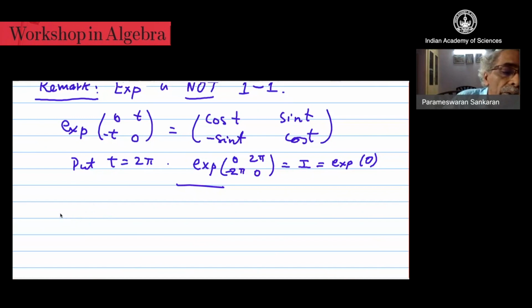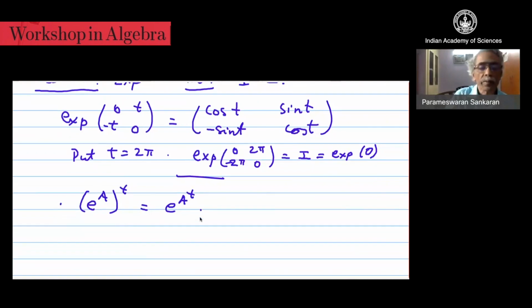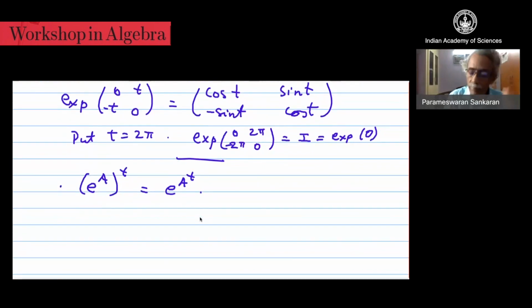One of the properties I mentioned was the following: e power a transpose is equal to e power a transpose. This is more or less obvious. There is nothing to it.